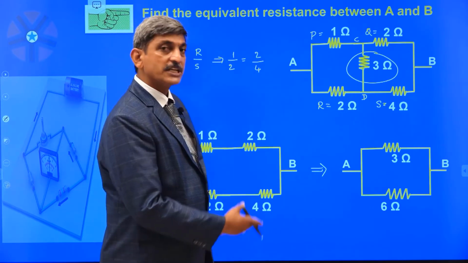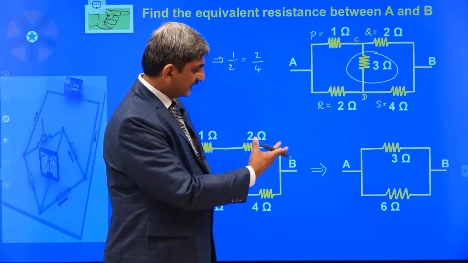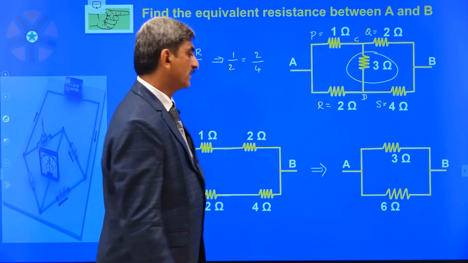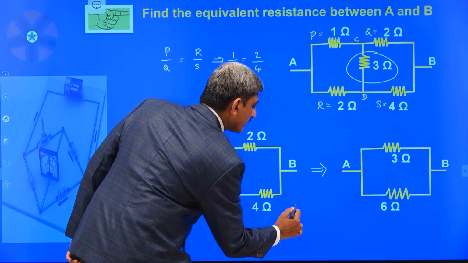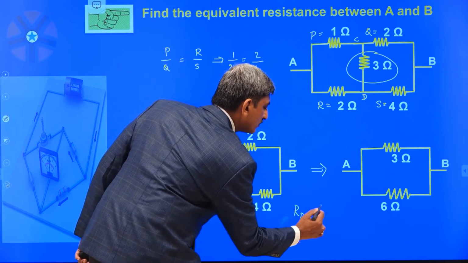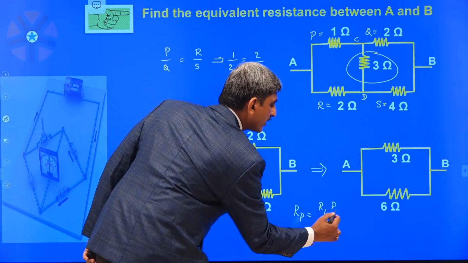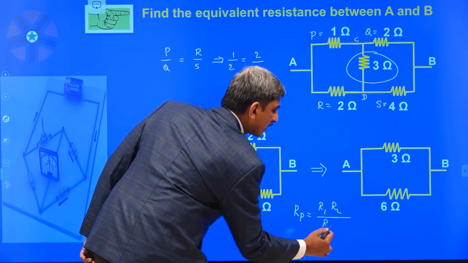How are the 3 ohm and 6 ohm resistors connected? They are connected in parallel combination, so the effective resistance is given by R parallel is equal to R1 R2 divided by R1 plus R2.